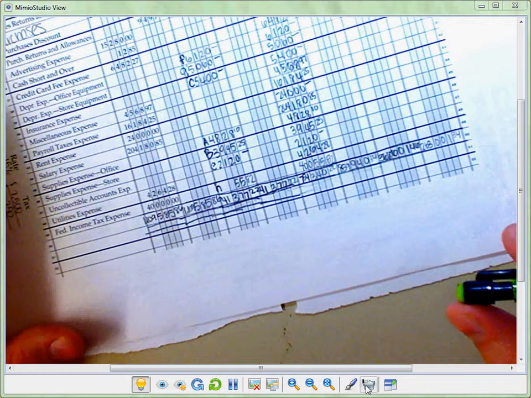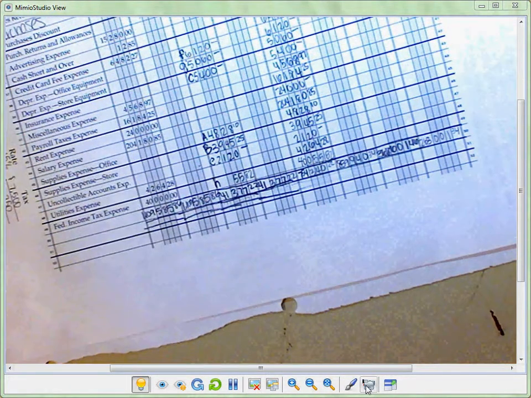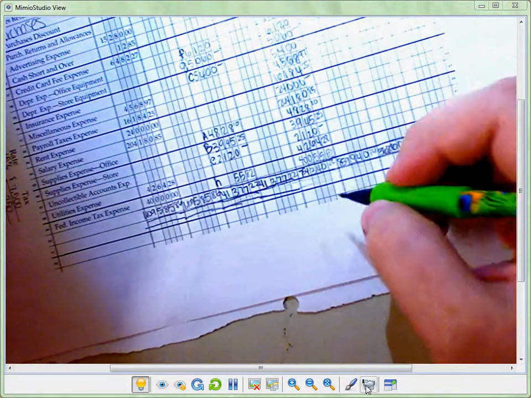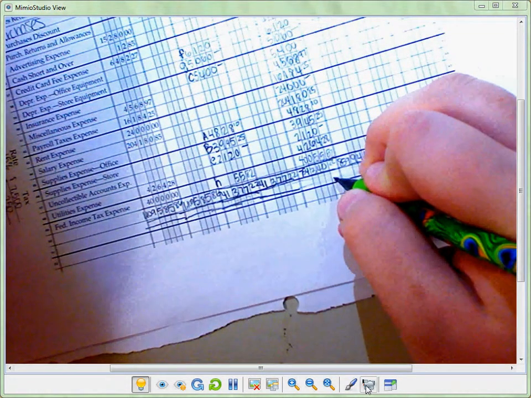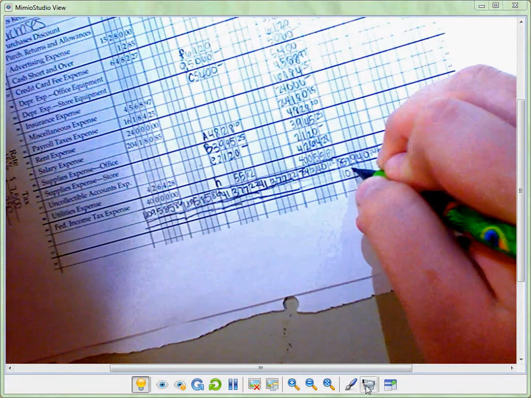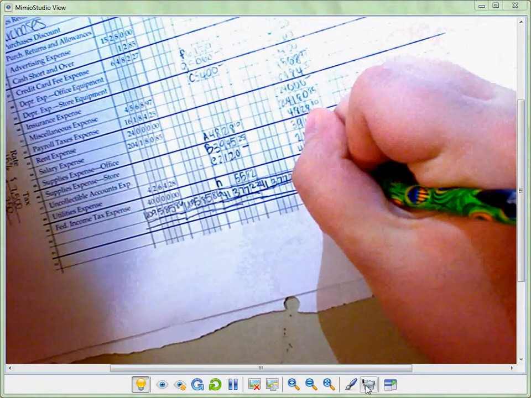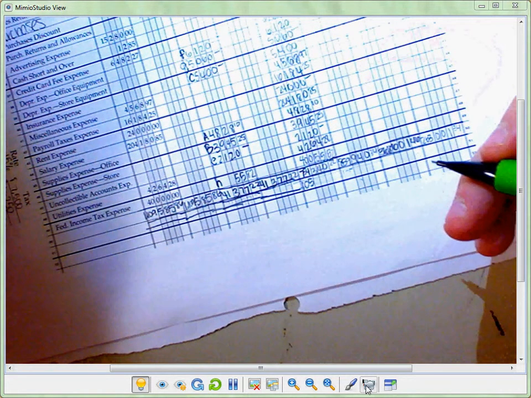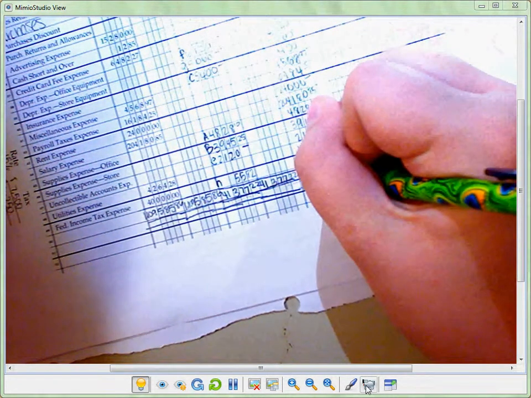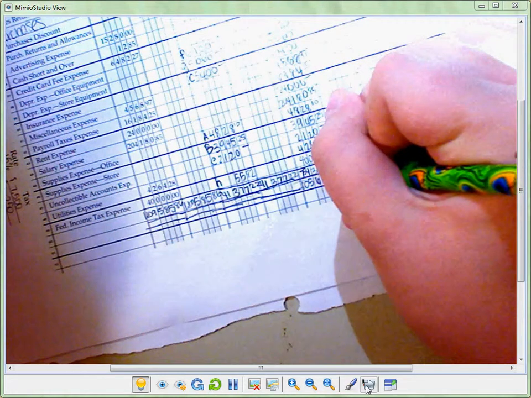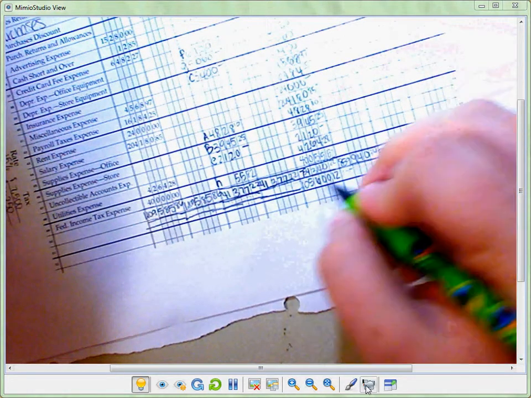This is when we're going to subtract our income statement credit and debit. So now, underneath your income statement debit number, if you subtract those two, you should get $105,600.12 debit.